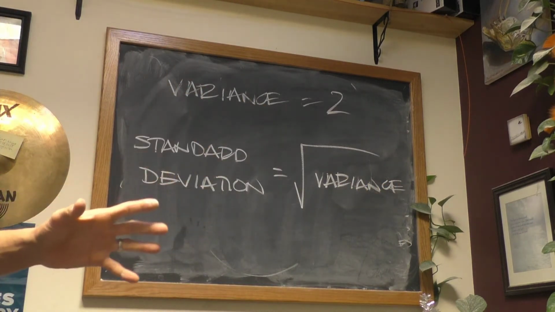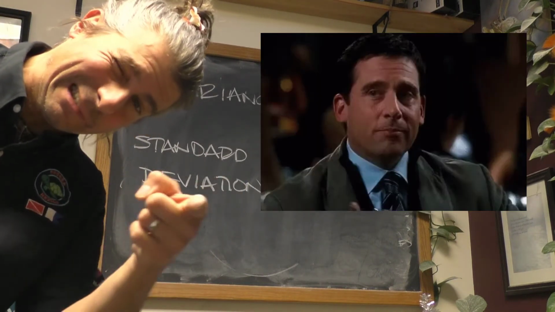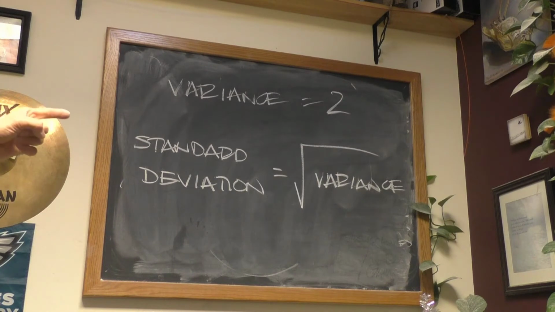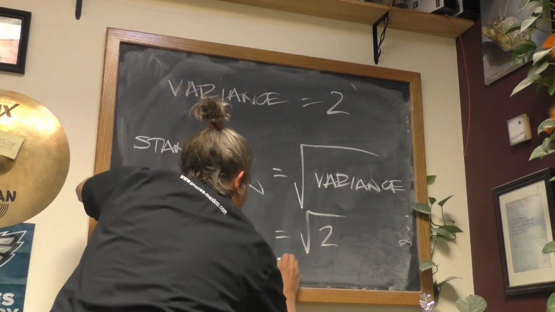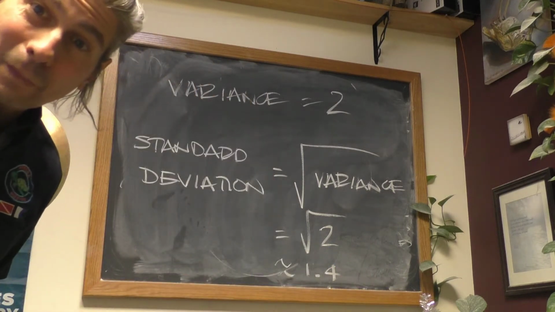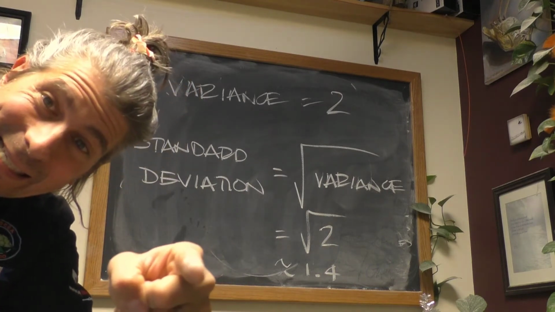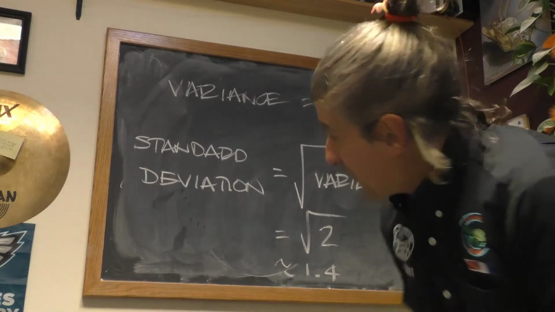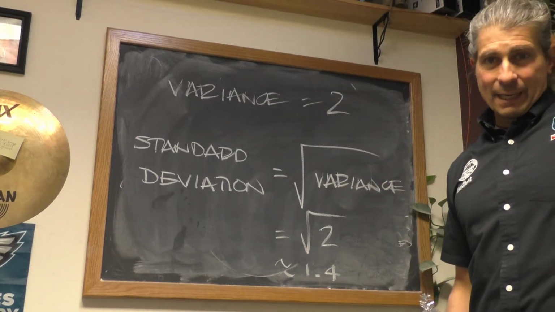So when you're calculating these things by hand, which, by the way, this is the first and last time you'll do that, the square root of the variance, the square root of 2, which is about 1.4. 1.4 what? Points. Because remember, the variance was points squared, and if you take the square root of squared points, you're going to get back to points.